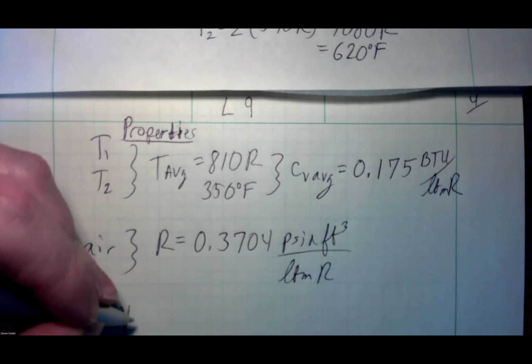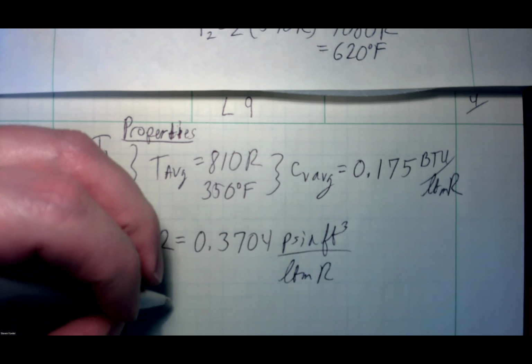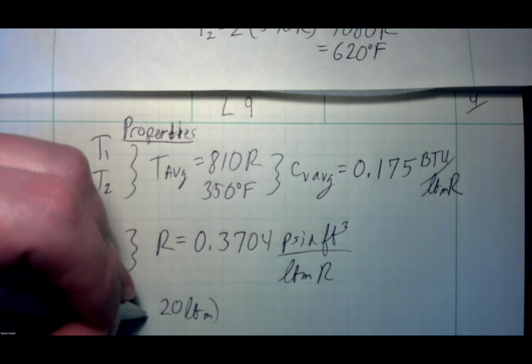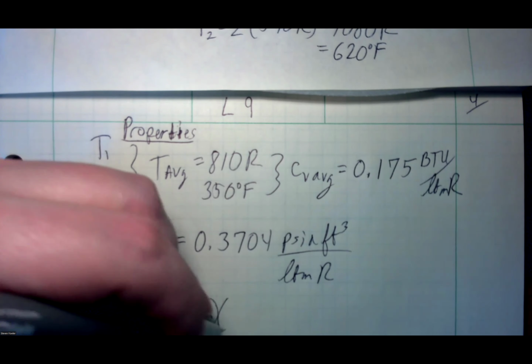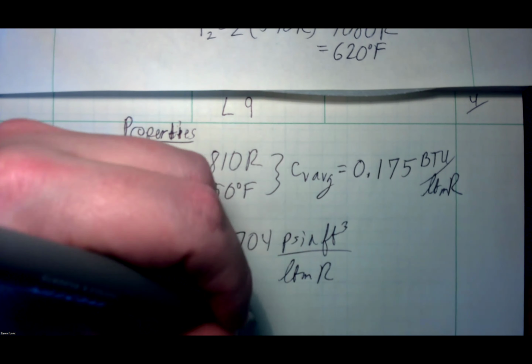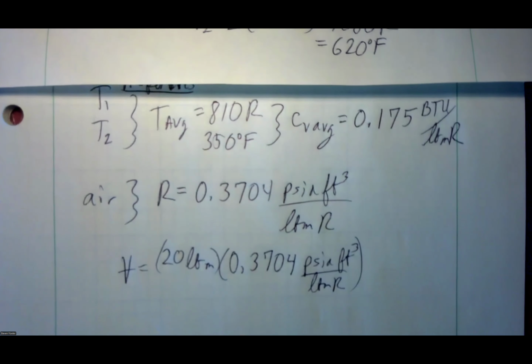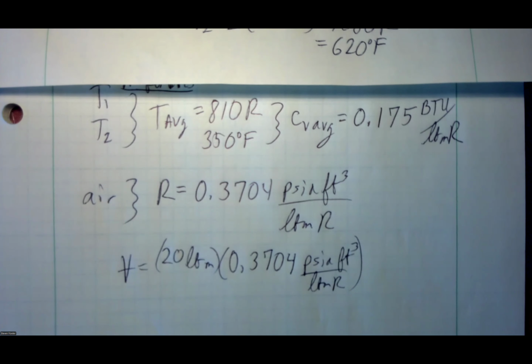Okay. Volume. Mass. We said that was, if we go all the way back to the beginning, 20 pound mass. Times the R value we've just looked up, 0.3704. Units there are PSIA, cubic feet per pound mass, Rankine. Your textbook kind of spoils you by giving it to you in those units.